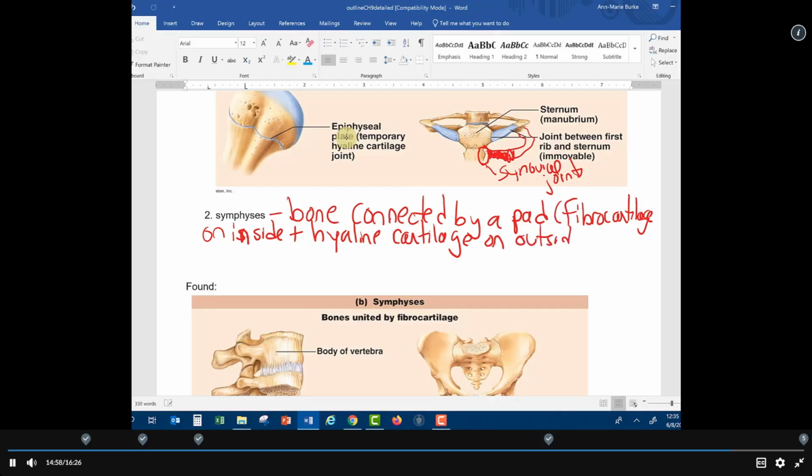Okay, so this is called a symphysis. These joints are amphiarthrotic. That means they allow a little bit of movement, and they're really designed for strength and flexibility.